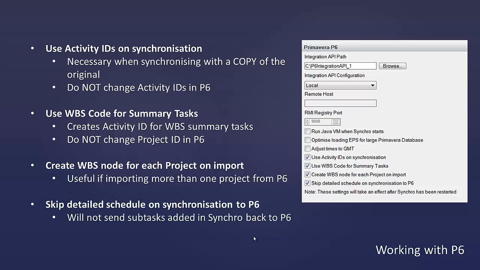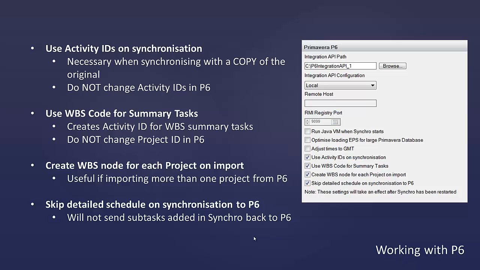And the final option I want to point out is this skip detailed schedule on synchronization to P6. Where we added those subtasks, the walls level 1 and walls level 2, those were detailed schedules, subtasks in Synchro.